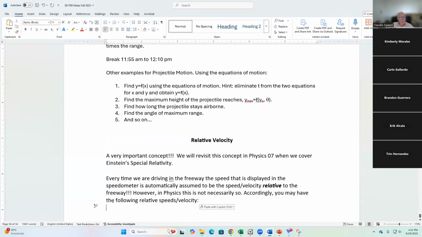So I want you to have a conceptual idea of relative motion. A very good way of having an idea of relative motion is to think about whenever you're driving on the freeway. The speed that is displayed in your speedometer is automatically assumed to be the speed or velocity relative to the freeway.